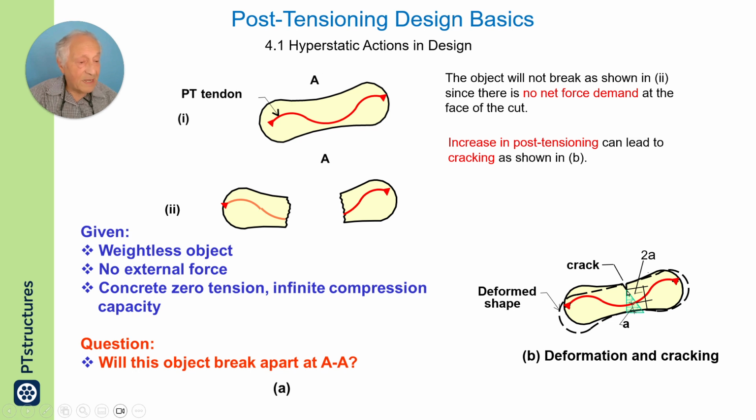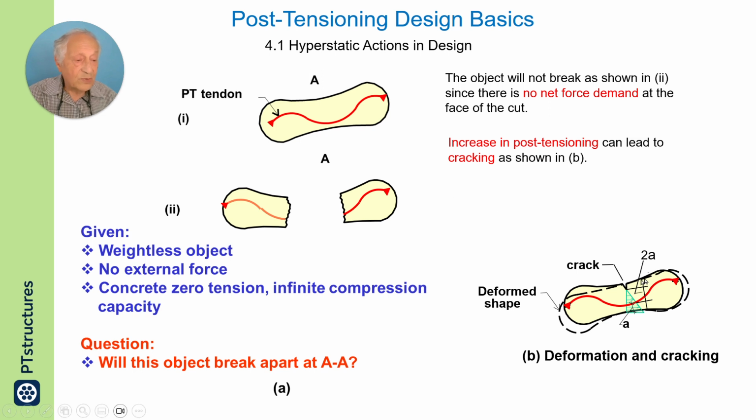The crack depth stops when the centroid of the tendon falls within the kern of the section. You might remember from courses in mechanics of solids that each section has a kern, 1/3 if it is rectangular, and if the force is within the kern, it will develop only compression. It doesn't develop tension.